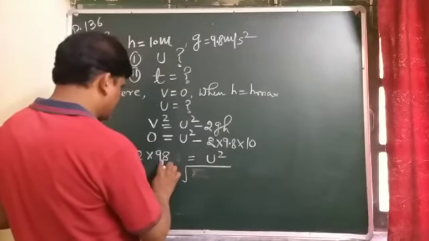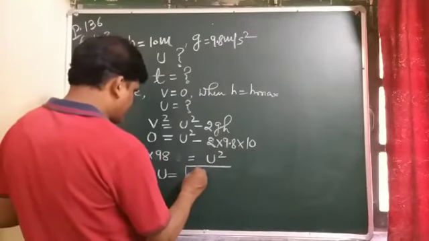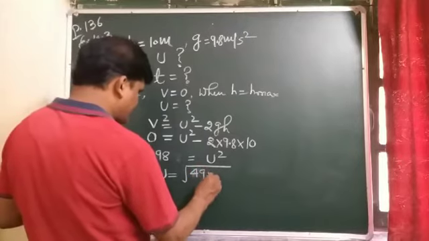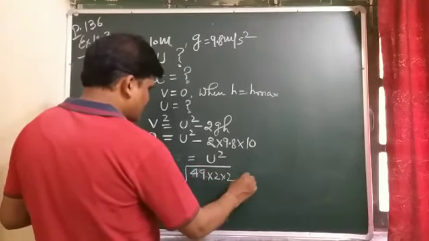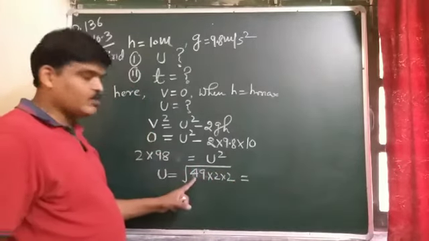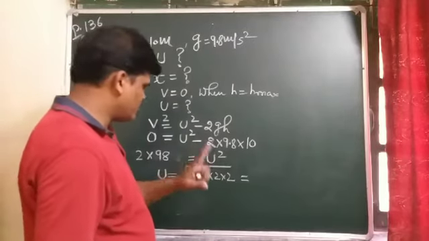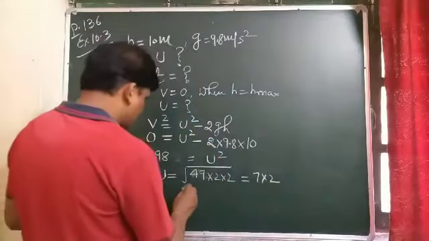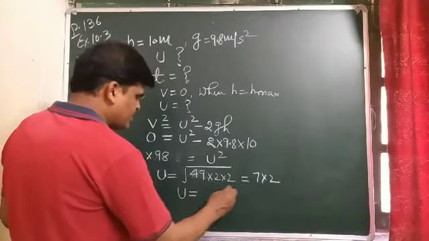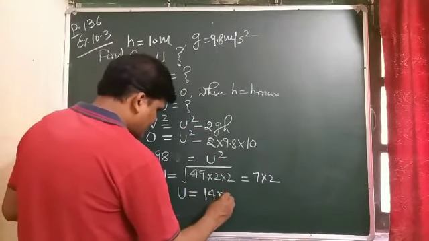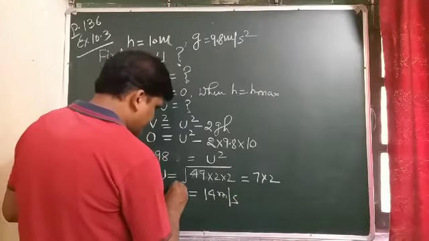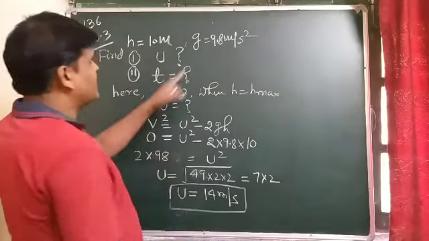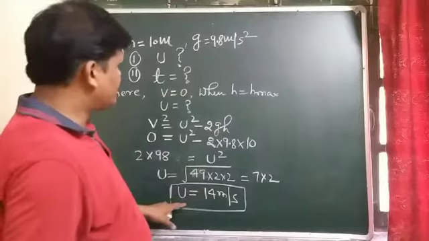Or you can write 98 as 49 into 2, so u square is 49 into 2 into 2. Root of 49 is 7, and 2 into 2 gives 2, so 7 into 2. So the initial velocity of the object is 14 meter per second, if g is taken to be 9.8 meter per second square.